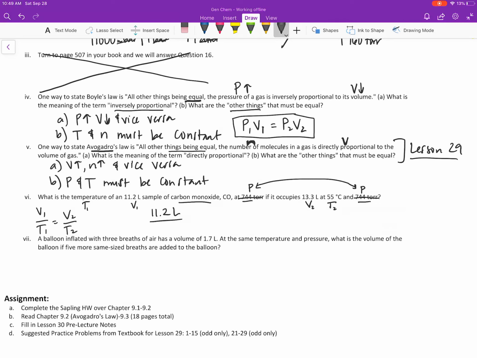So I have 11.2 liters divided by a temperature that I don't know, equals 13.3 liters divided by a temperature that I know, except I need to convert it to Kelvin. Okay, so I can do that very easily here, or I could have taken 55 plus 273 and done that before.